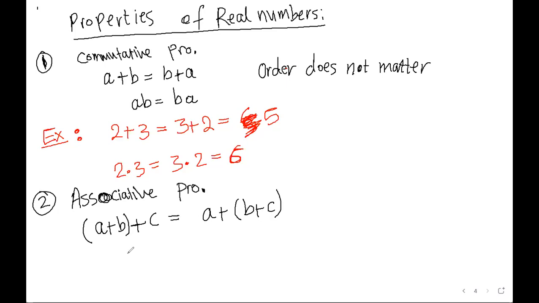Okay, so now multiplication, the same thing: AB times C is the same as A times BC.